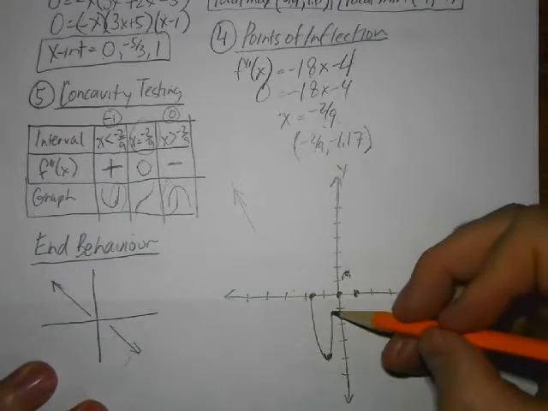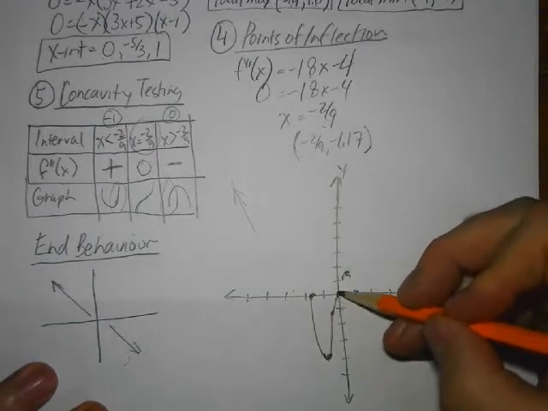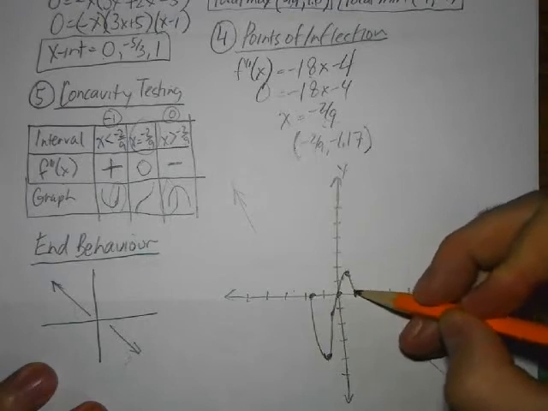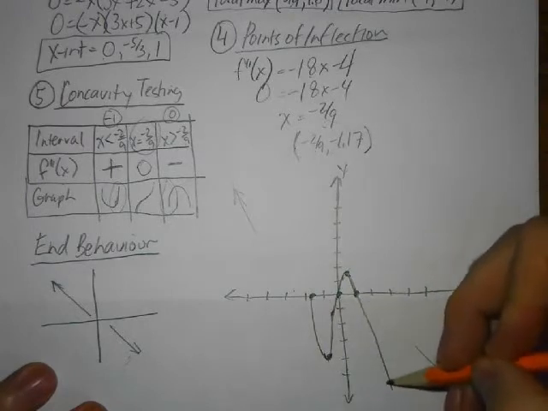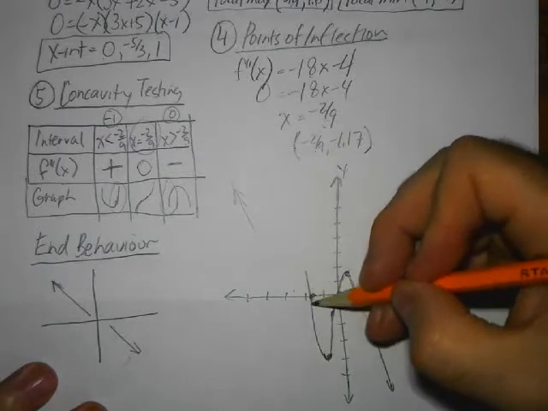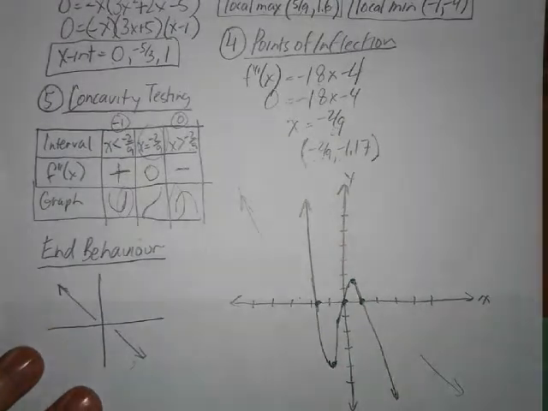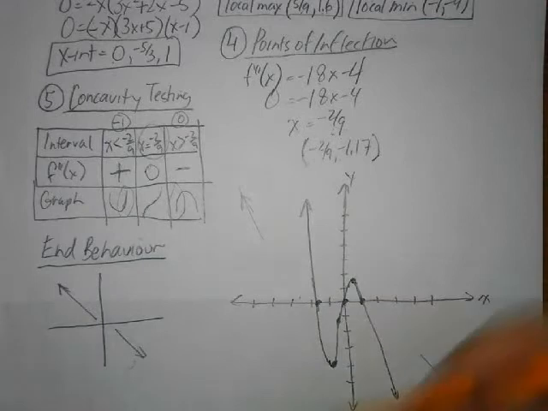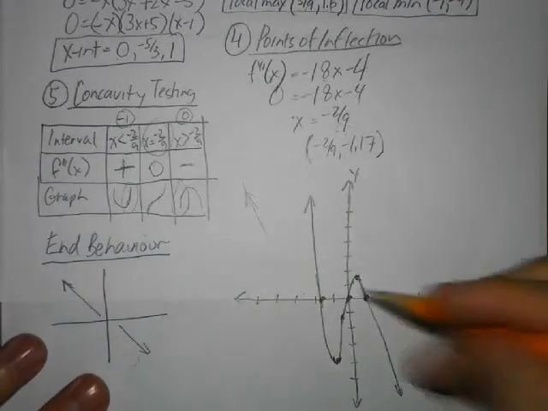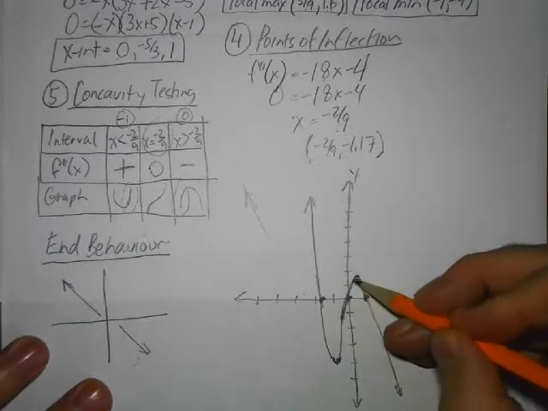But as soon as I hit that point of inflection, it becomes concave down. So it basically changes to this. And then it's concave down all the way, and this is concave up all the way. Okay, so that's pretty accurate. This doesn't look all that smooth, but you can get the idea. That's where the concavity changes. So concave down and then concave up.